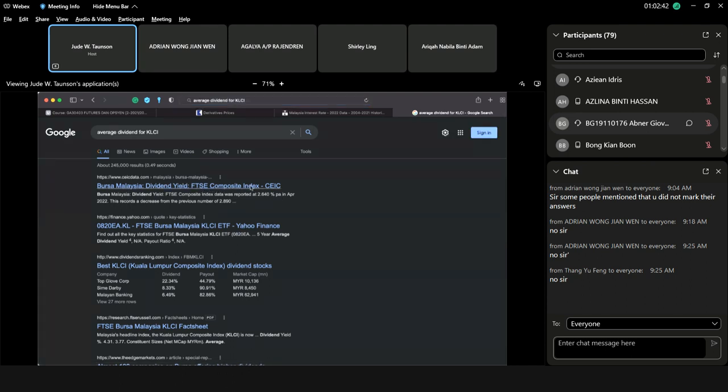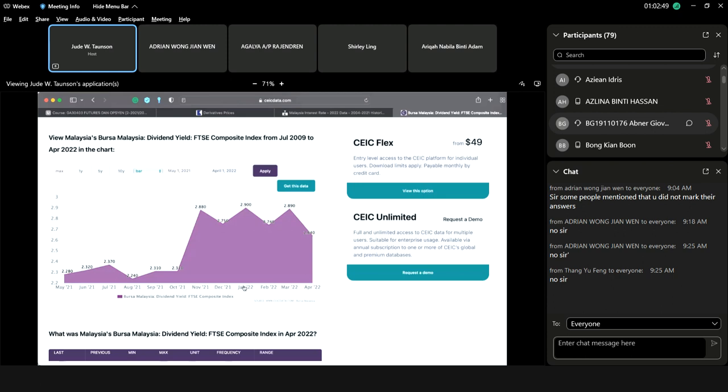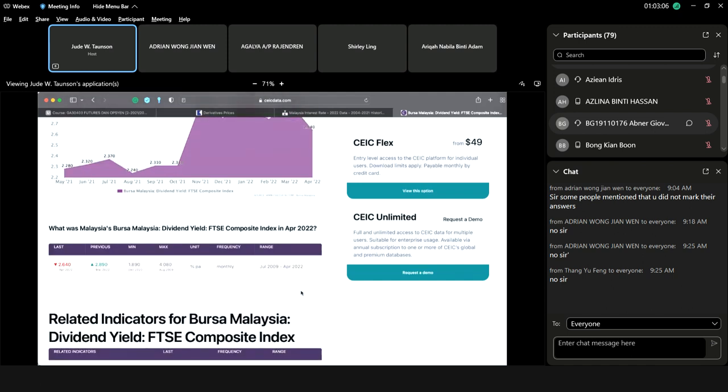Okay, this is what we want. Okay, dividend 2.64. 2.64 average. April 2020. We take the latest one. But this is only up to April. So it is not very accurate. We need to get the latest one actually.